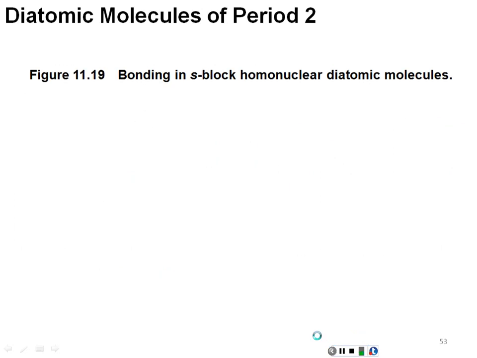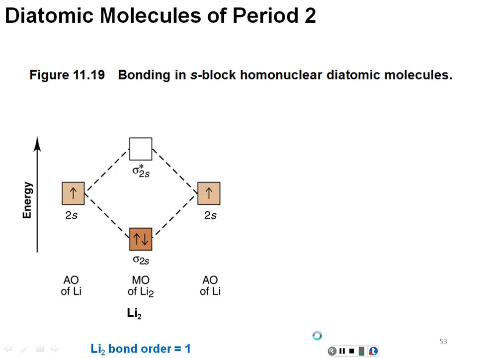So let's look at diatomic molecules of the second row. So continue on with lithium. Now we're only showing the 2s orbitals because the 1s orbitals, if you could also show those as well, but they're just going to look like helium-2.